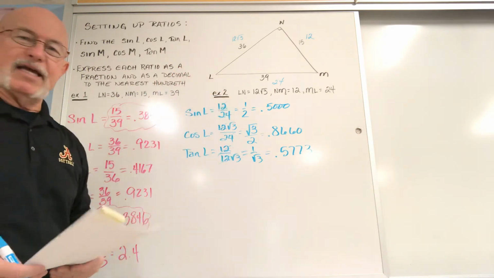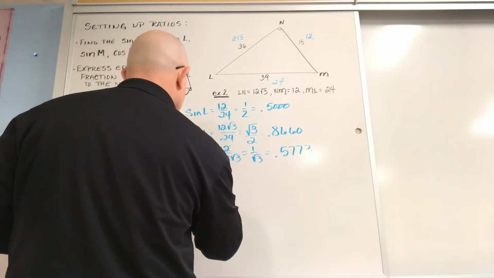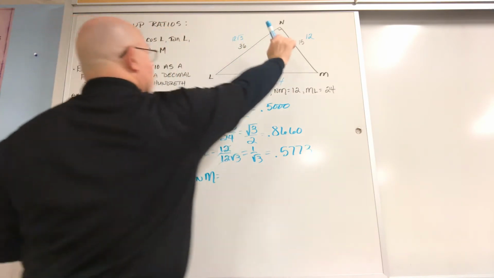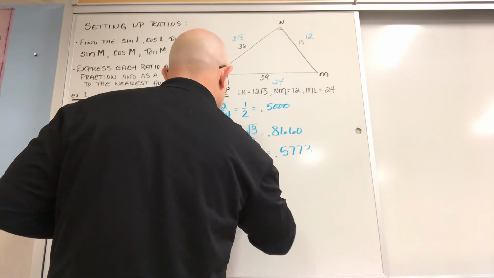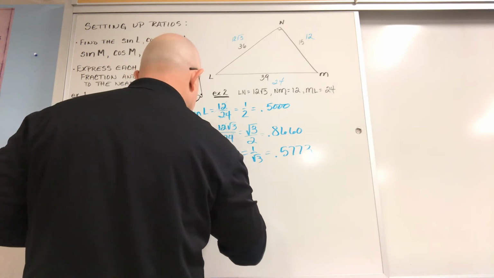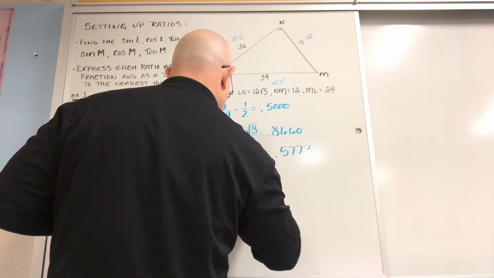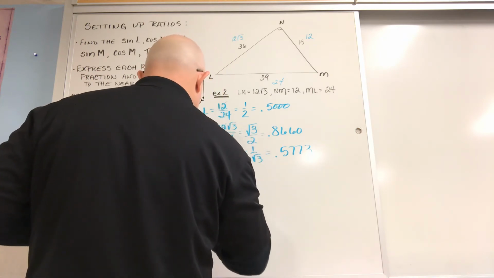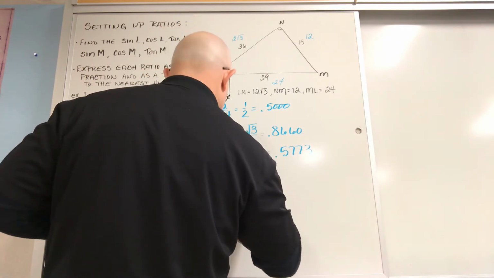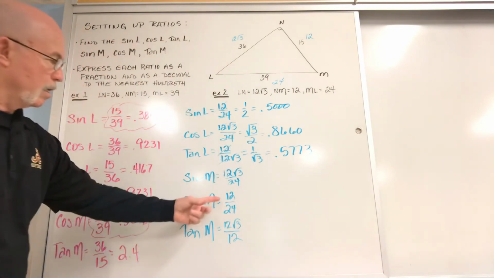Little division, and then break out that calculator. Now, same thing for the M's. Okay? Opposite over hypotenuse. Okay?